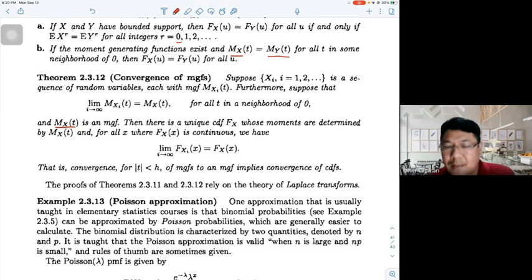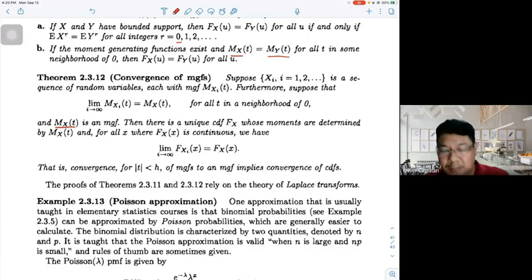So that means na yung sequence natin, meron tayong sequence of random variables X sub i, yung limiting moment generating function of this sequence of random variables X sub i equal siya sa moment generating function of X. Okay, that's the assumption.